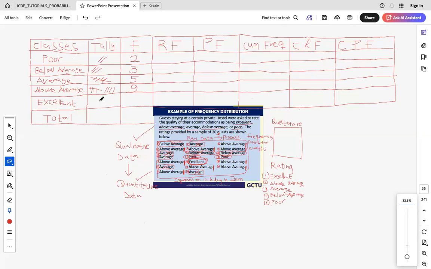So excellent is 1. Now let's check the total. They are 20. So when we add our frequencies, we must get 20. 2 plus 3 is 5. 5 plus 5 is 10. 10 plus 9 is 19. 1 plus 19 is 20. So we are correct. The total frequency is 20.